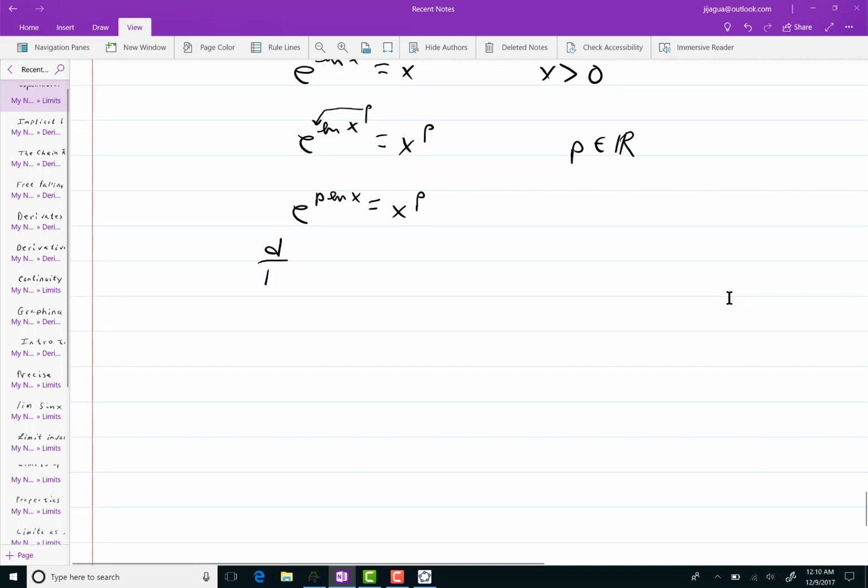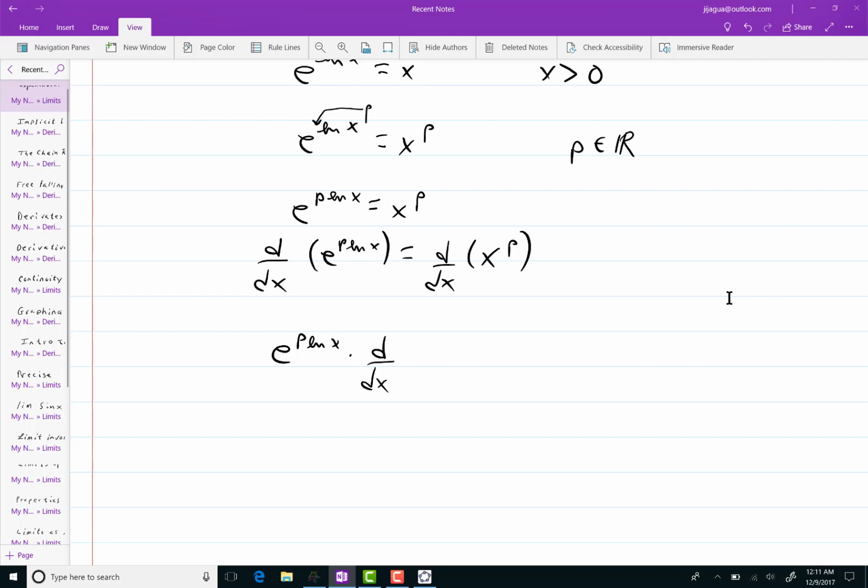Okay, here we go. d over dx of e to the p ln of x equals d over dx of x to the p. And the left side, as before, you're going to have e to the p ln of x times the derivative of p ln of x.